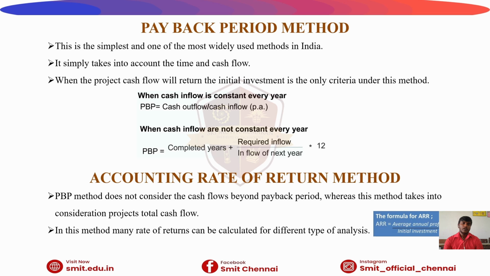But the accounting rate of return is completely different, because it considers the entire life of the project. That's the difference between payback and accounting rate of return. ARR calculates the average annual profit as a percentage of the initial investment. Different variations of ARR can be used for different analytical purposes.